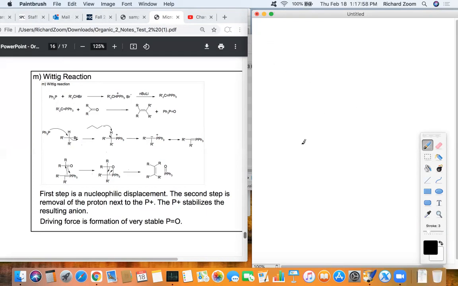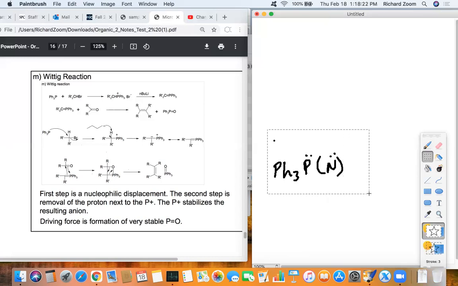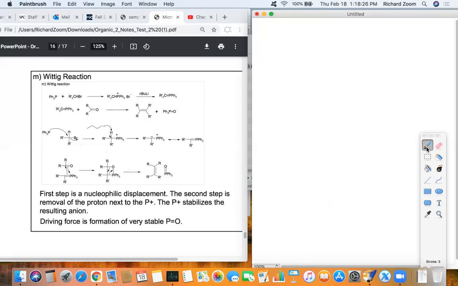Now, if you think about triphenylphosphine and you look at where it is in the periodic table, phosphorus is in the same group as nitrogen. So it has a lone pair of electrons that is possibly nucleophilic, just like nitrogen is. So it has the possibility to react with an alkane with a bromine group on it.